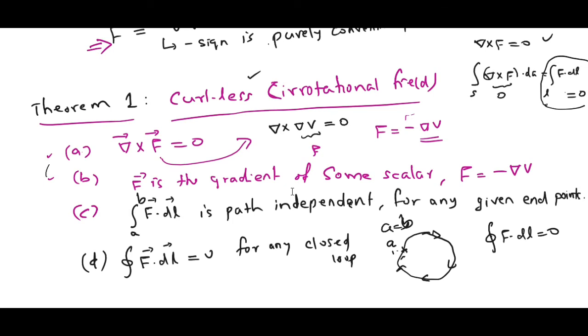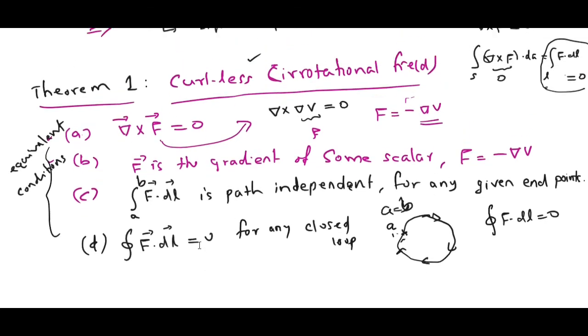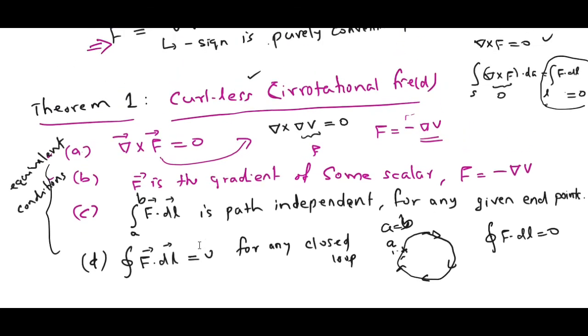These all conditions are equivalent conditions. Okay. Now, here we have discussed that if the curl of that vector function is 0, then it will be curlless, and these are the properties.